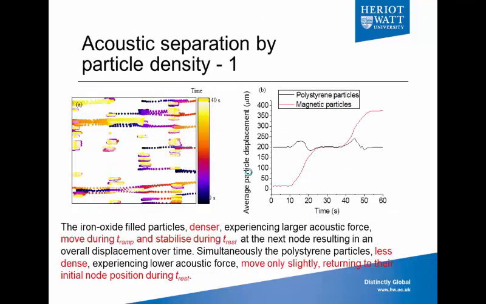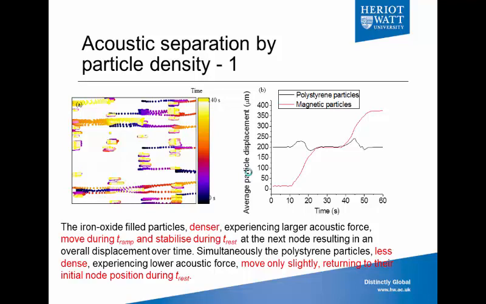We were also interested in looking at density separation. For that, we put 10 microns particles with iron oxide, which are denser than polystyrene particles. What we can see is that the denser iron oxide particles move with the field, while the less dense particles, polystyrene, stay in their initial position.